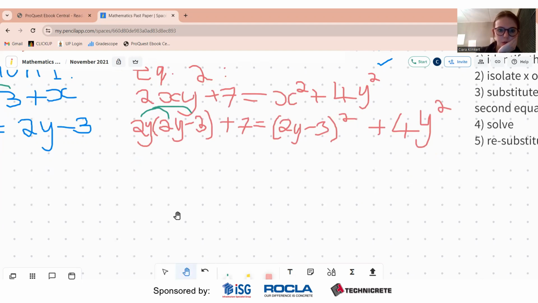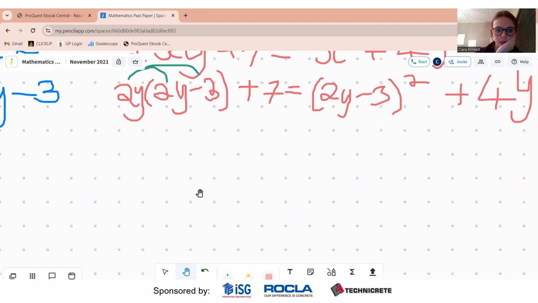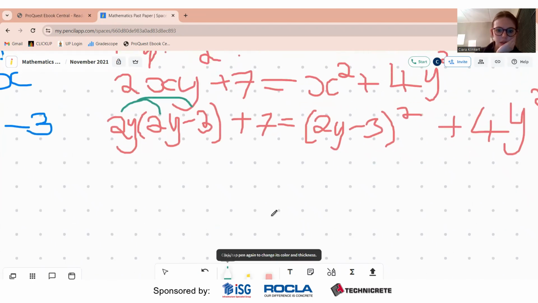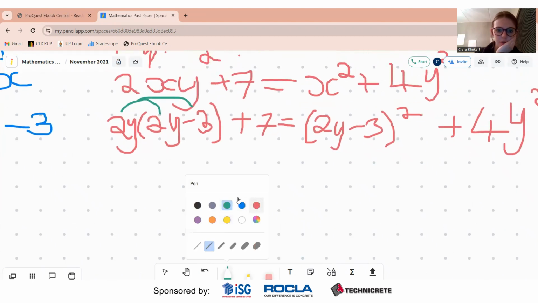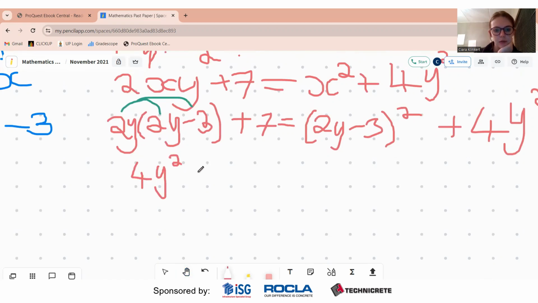Let me zoom in slightly. So I will get 2y multiplied by 2y is 4y squared minus 2y times minus 3, it gives me minus 6y plus 7.